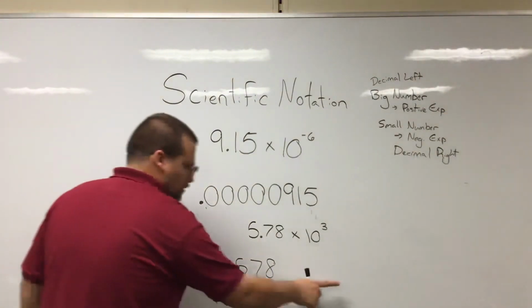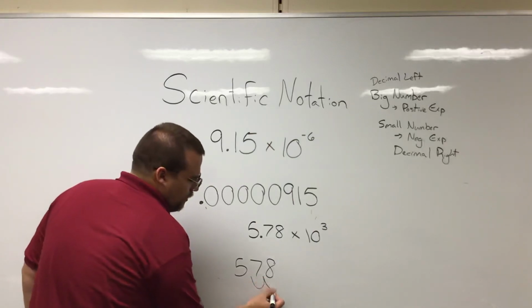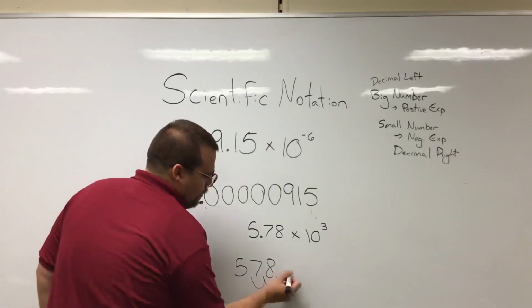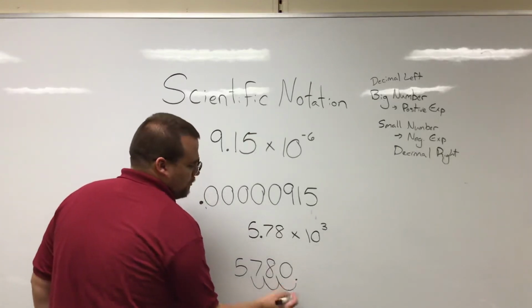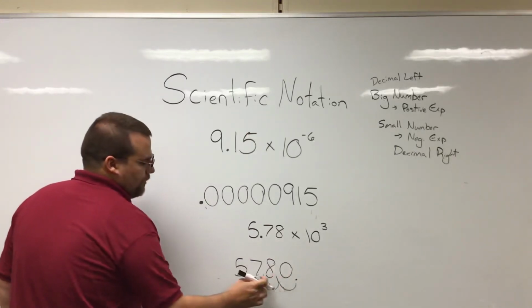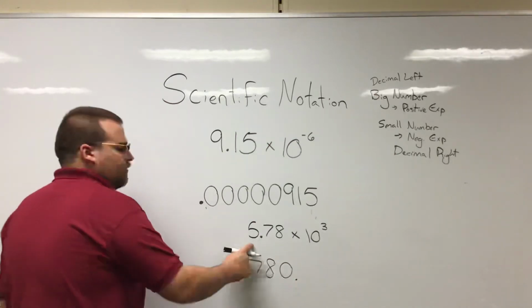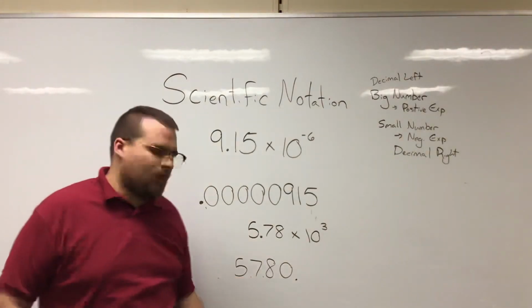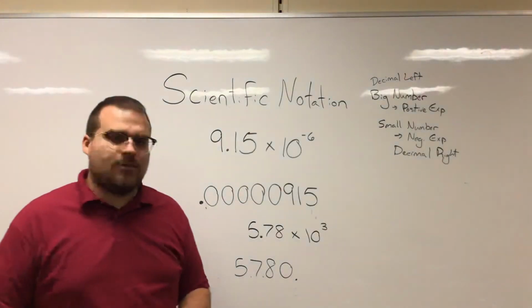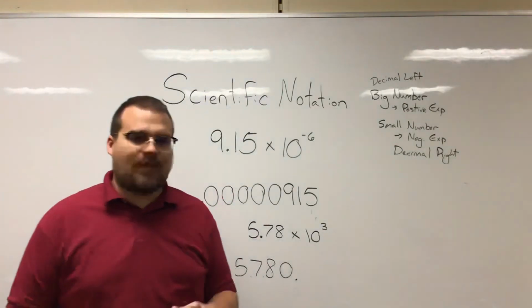I'm going to move it this way. So if it started here, then once, twice, 3 times, right? I have to add a 0 there, and then the decimal would be right here. 1, 2, 3 spots away. So my actual number, 5.78 times 10 to the third, is 5,780.